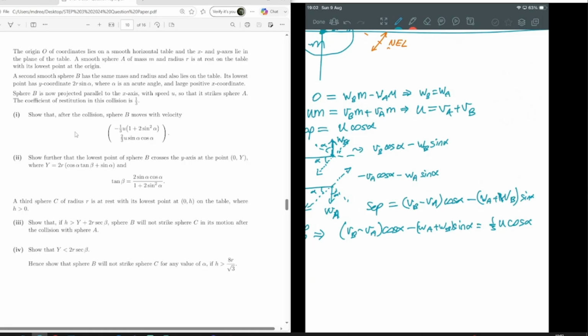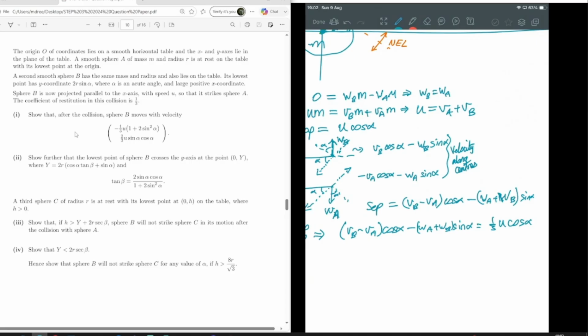And I'm still missing an equation, which is going to be the other components, isn't it? So I am going to need the velocities parallel to the surface of collision, or perpendicular to the line across the centers.